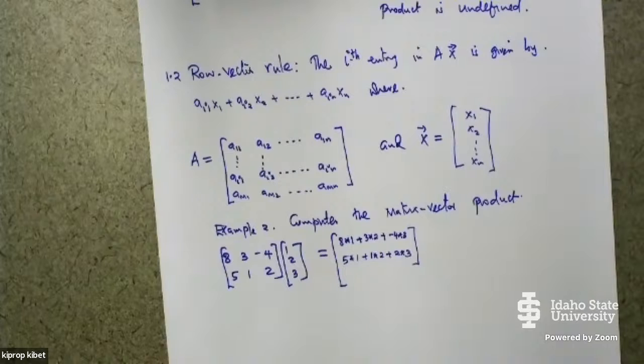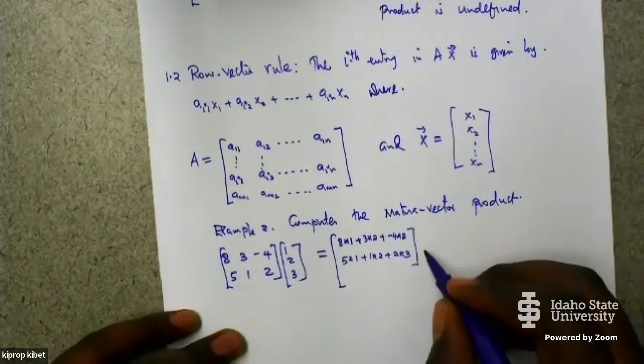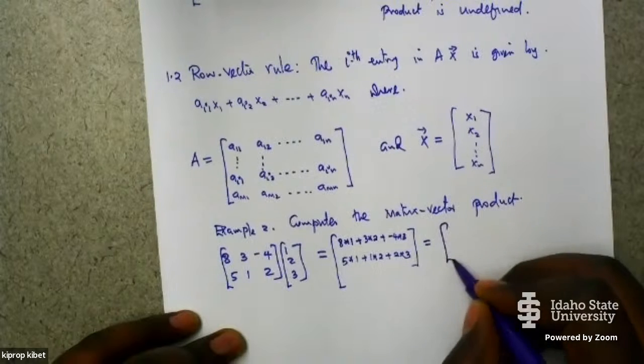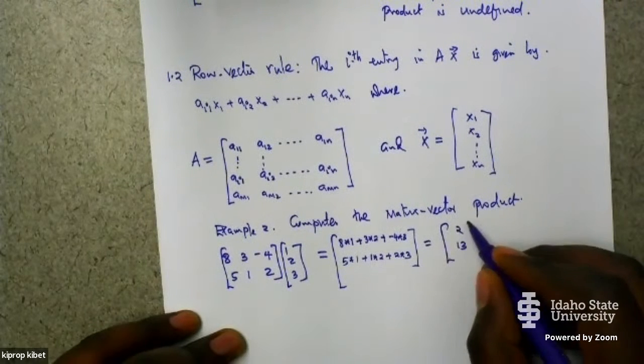So as you can see, these are rows. What we form here is Ax, and what we get here is 2 and 13.